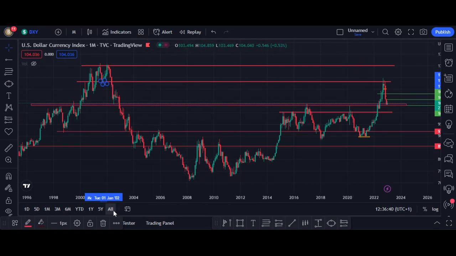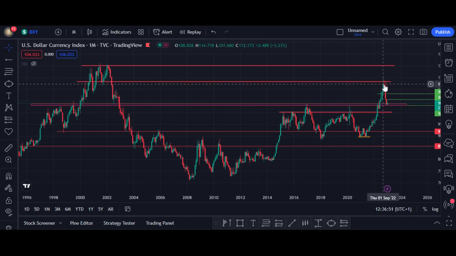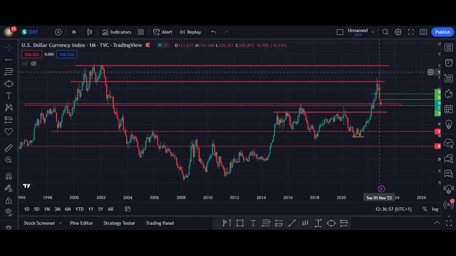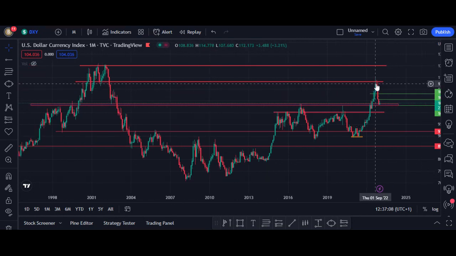So price formed a demand zone, and then after over 20 years later, price came back to the neckline and retested it, and the demand turned supply. This was somewhere between August to October 2022. Late last year, price rejected the neckline and started dropping down.